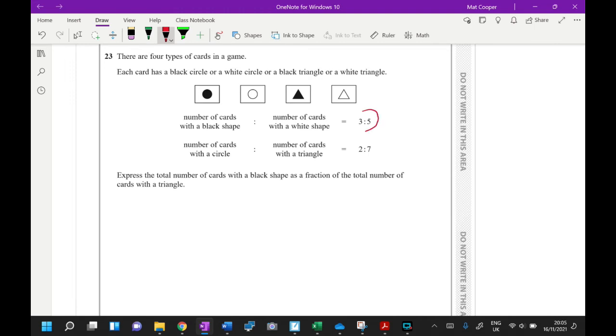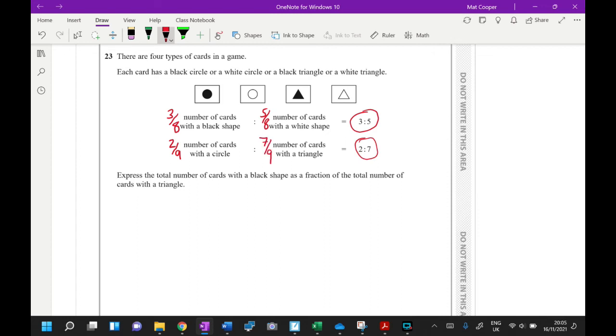It's 3 to 5. So hopefully you were able to see from that that meant that 3/8 of the shapes were black and 5/8 were white. We're also told about the mixture of circles and triangles. So hopefully you can see that meant that 2/9 of them are circles and 7/9 are triangles.